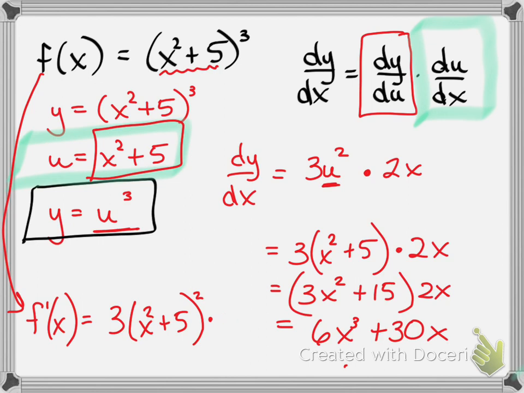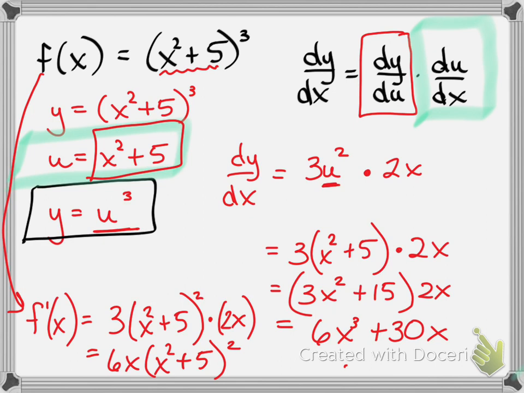So I would have you say, now we need to take the derivative of the inside. So that's 6x times x squared plus 5 to the second.